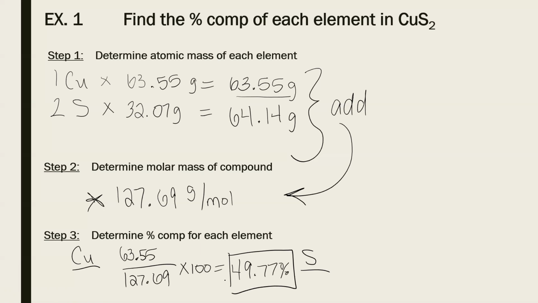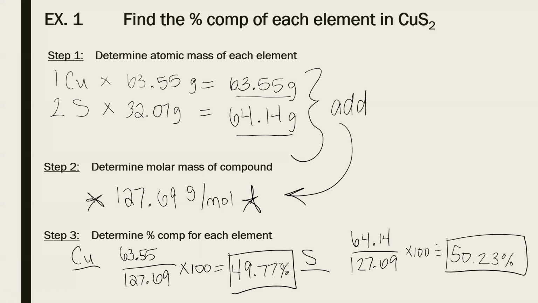Do the same thing for sulfur. So now we're looking at the entire mass of sulfur in the compound, not just one sulfur, however many there are, in this case 2. So I've got 64.14 divided again by the molar mass of the entire compound times 100, and I get about 50.23%.